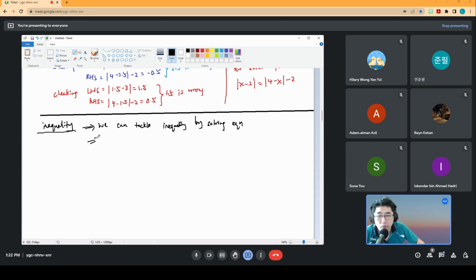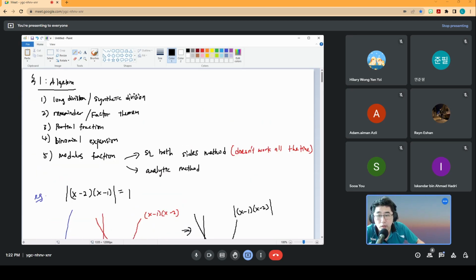After that, we use a test point to see whether it works or not. For example, the first working.